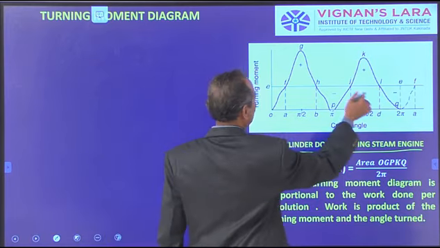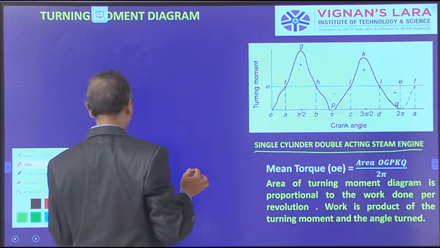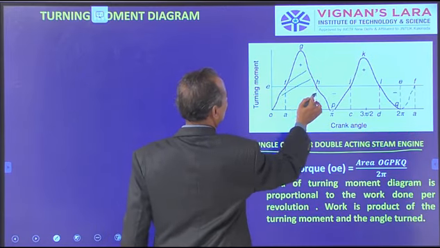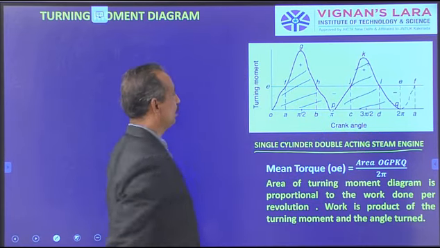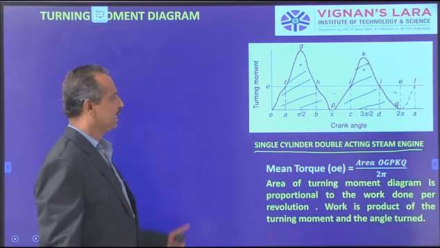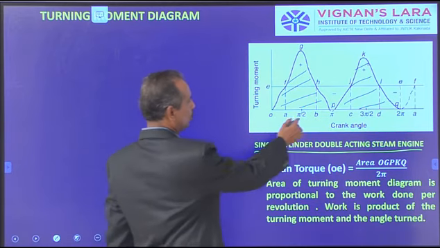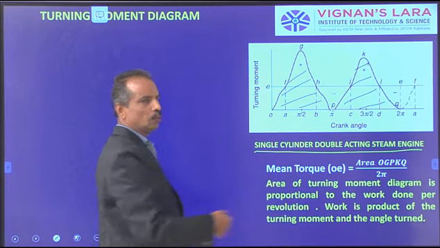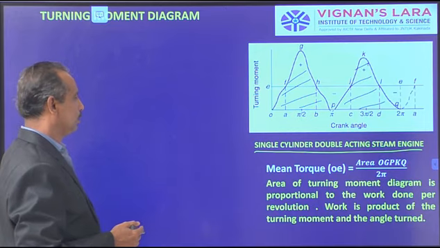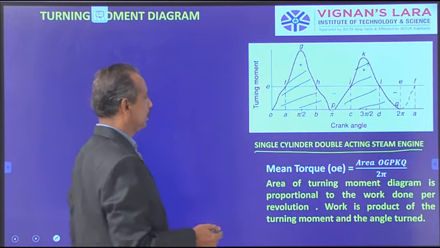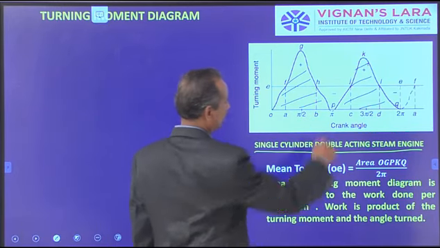The hatched area indicates work done per revolution, because 0 to 2 pi is one revolution, 0 to pi is the outward stroke and pi to 2 pi is the inward stroke. The product of the turning moment T and the angle turned theta gives the work done.